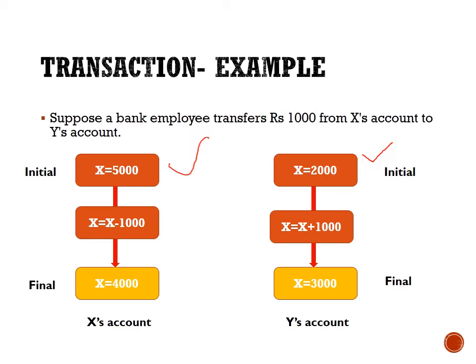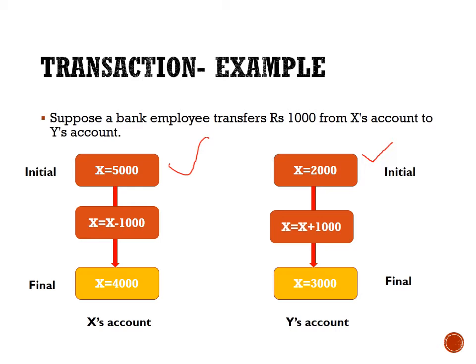and account Y having the initial value of 2000. So we are crediting 1000 rupees to account Y. Here first you have to access account X and debit 1000 rupees from it. That is X minus 1000. Now the balance is X equal to 4000.